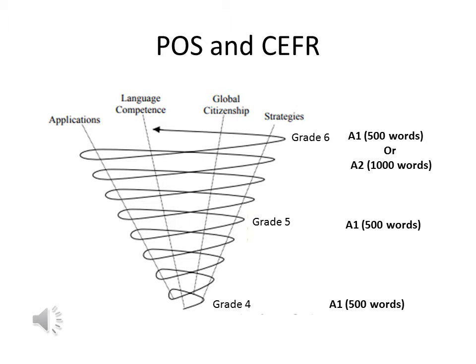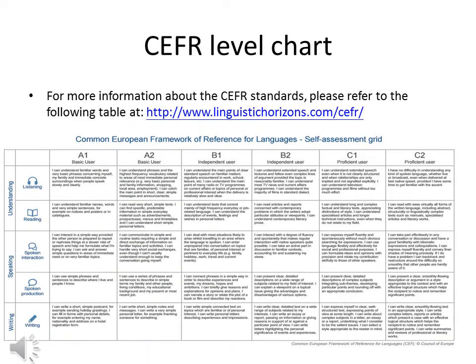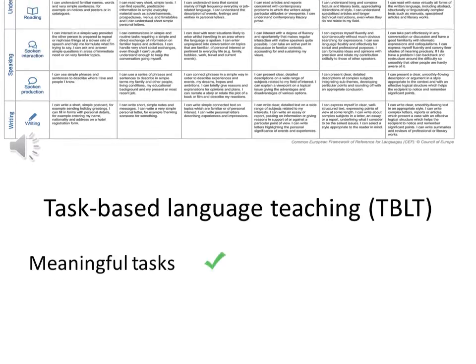A few outstanding students may be able to reach A2 by the end of the program. Here is a detailed description of A1 level. For more information about the CEFR standards, please refer to the following chart at linguistichorizon.com.